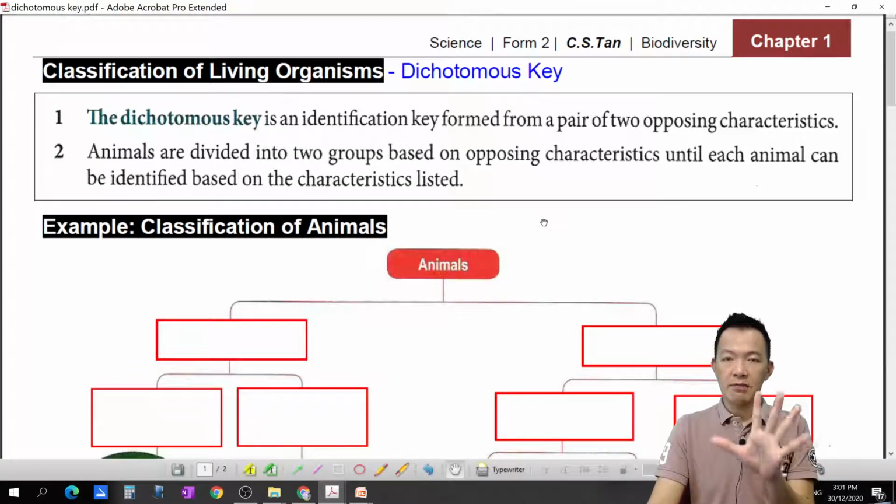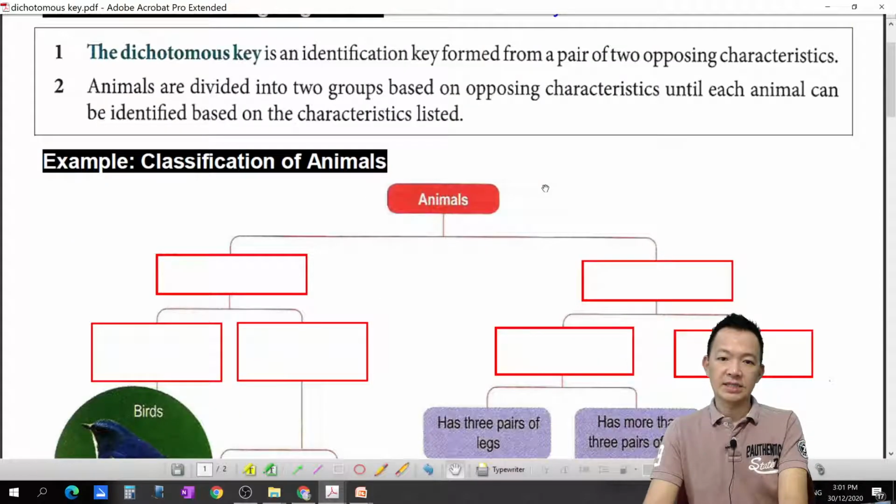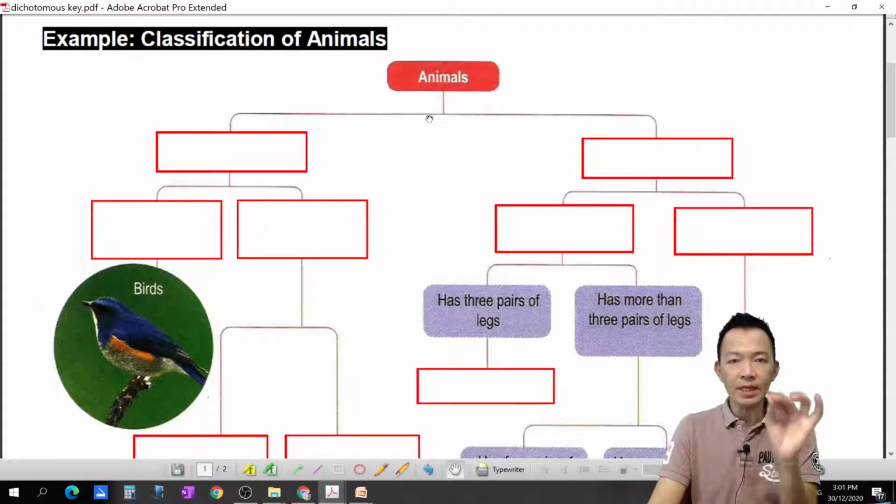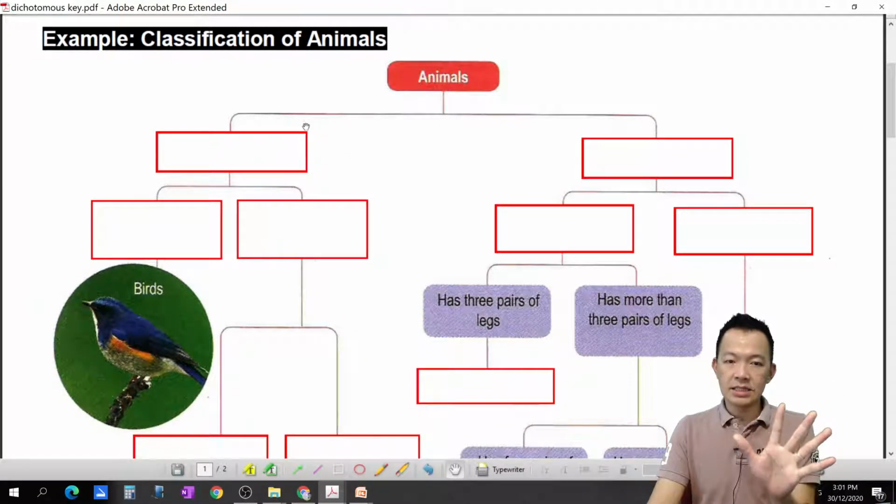The example below can make you understand, so don't worry.